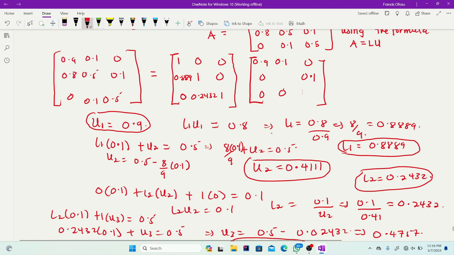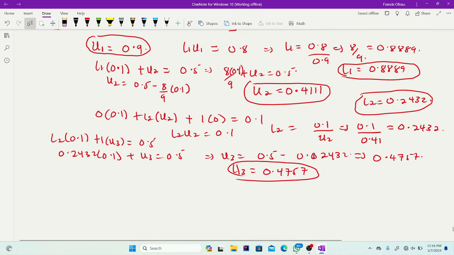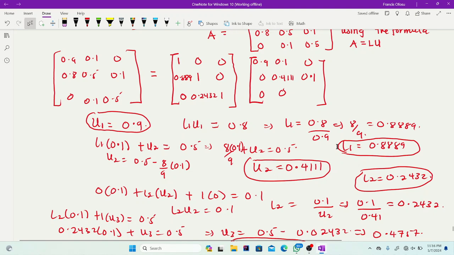So my U2 will simply be 0.4111. Then my U3 is simply what you got at last, which is 0.4757.